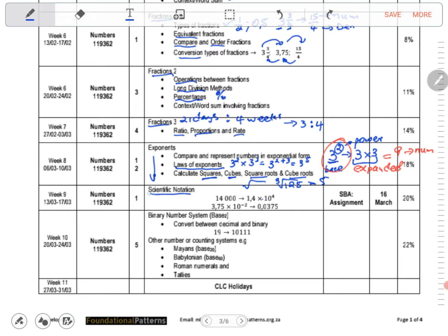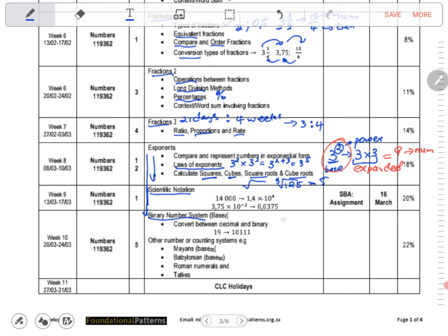From there, again from exponents, we can go to what is called the binary number system. So the binary number systems, and other number systems as well, come from exponents. But the most common one that we can do is to convert between the decimal number system and binary.